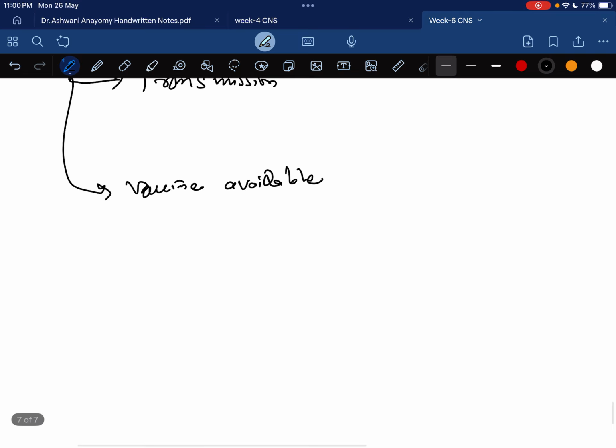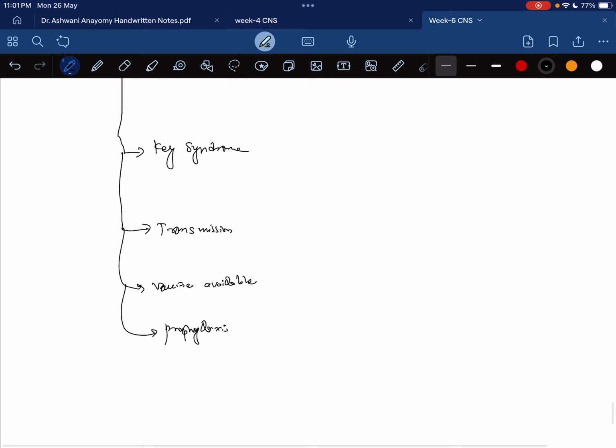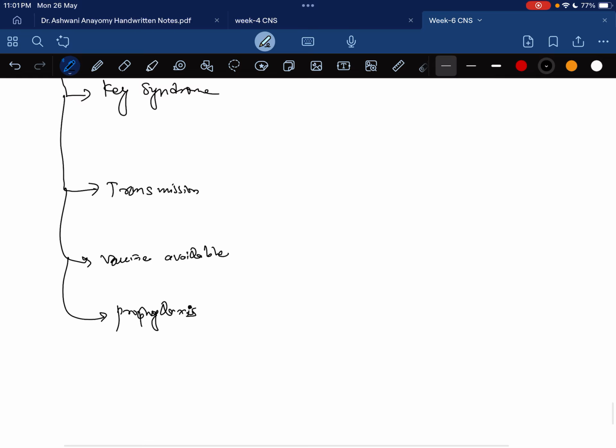Then regarding prophylaxis of this infection, what are the drugs used.